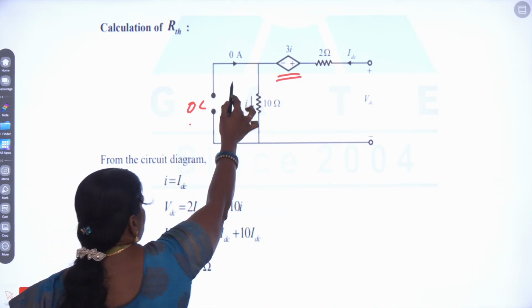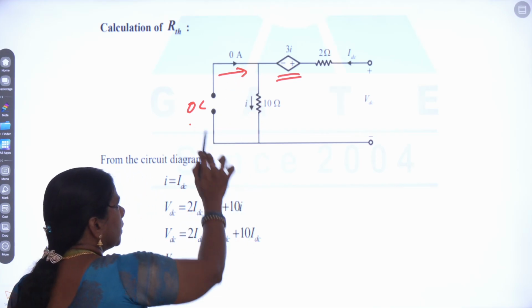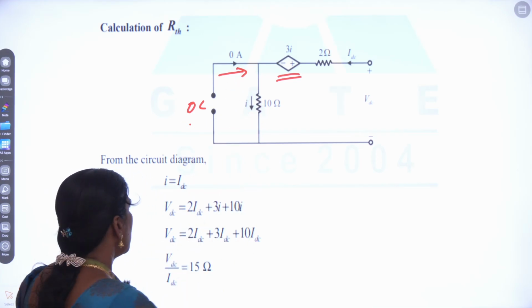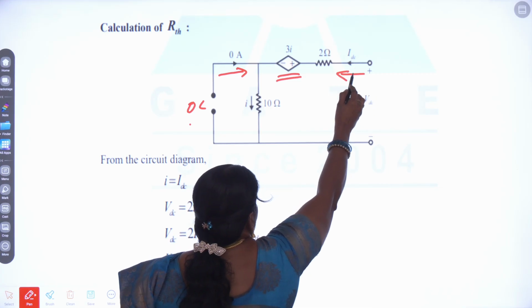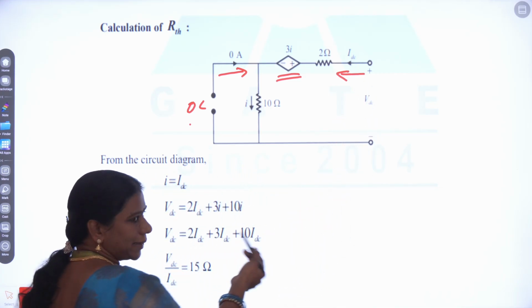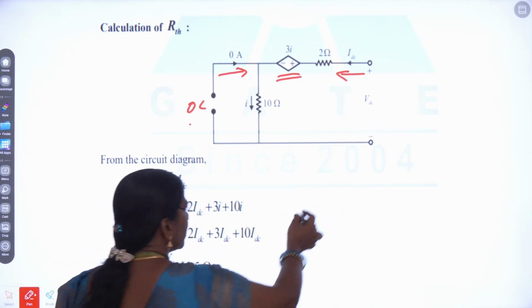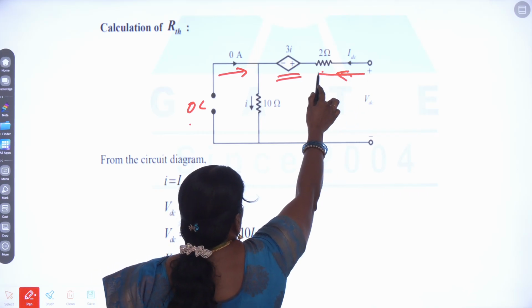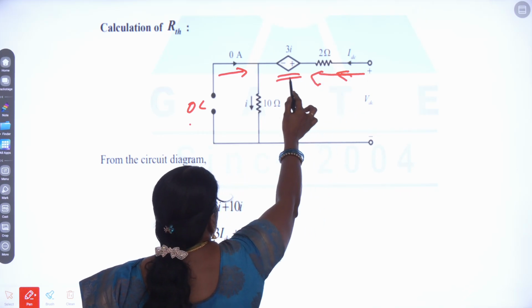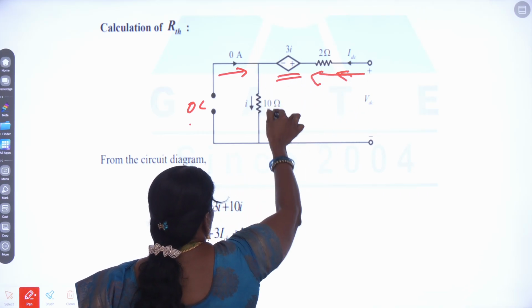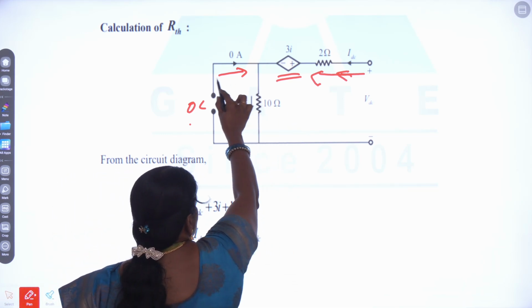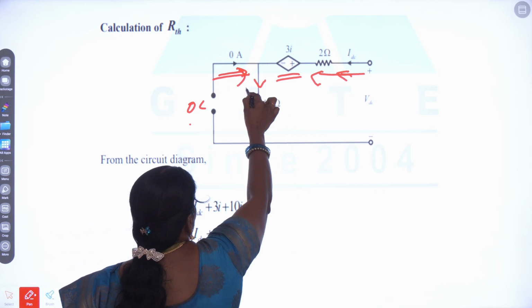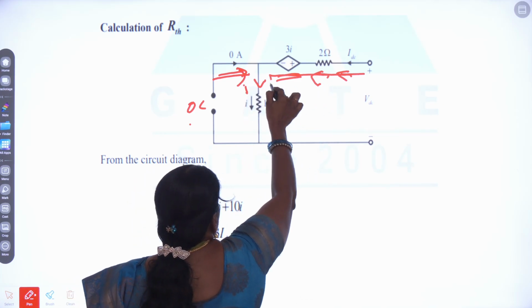As it is open circuited, there is no current passing through that particular branch. Now we assume the current delivered from the terminals AB to be IDC. That IDC is passing through the 2 ohms, and we have the drops here. As there is no current in the other branch, because the current source is open circuited, this current I will be equal to IDC itself.